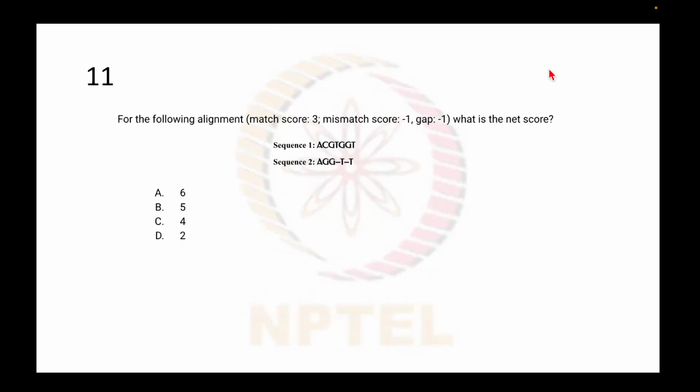Then for the alignment, the match score is 3, mismatch score is -1, and the gap score is -1. So what is the net score?